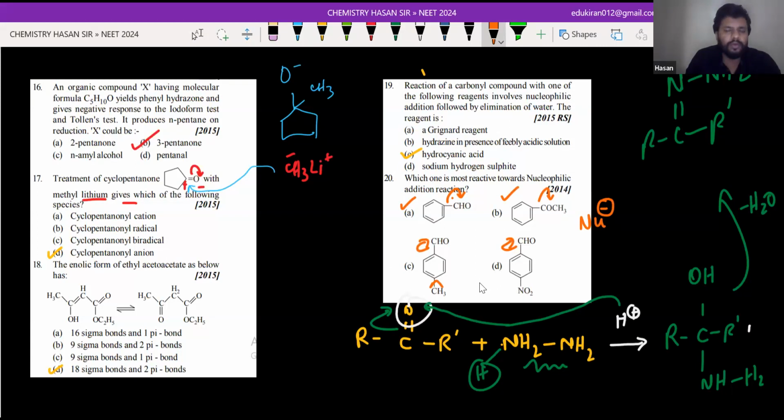But if you are going to look at option D, this CHO is withdrawing electron towards it, and this is withdrawing electron towards itself. And nucleophile, that means the most electrophilic compound here will be this one because both the groups attached are withdrawing electrons. So the answer will be D. Is that clear, Aisha? This is your wrong answer, right?